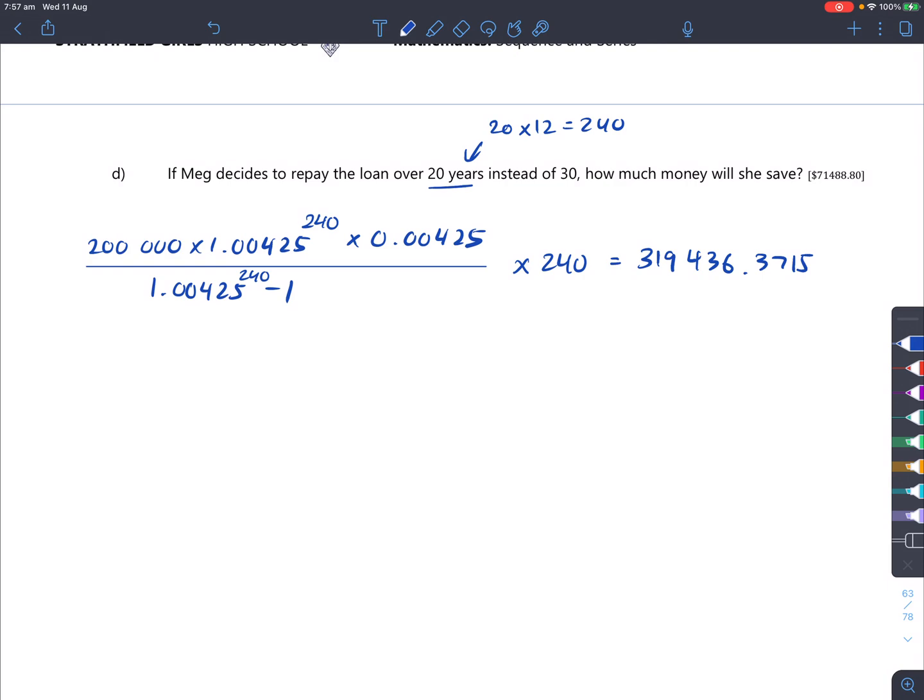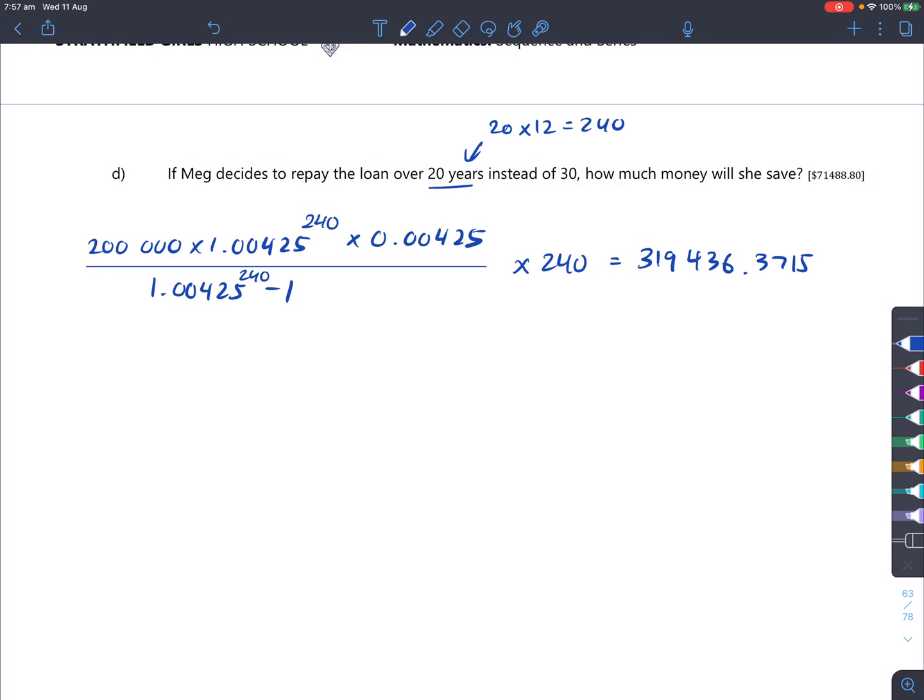Let me just double check that it actually has more numbers after that. Nope, okay, that's all that it says on my calculator, so I'm just going to stick with it.